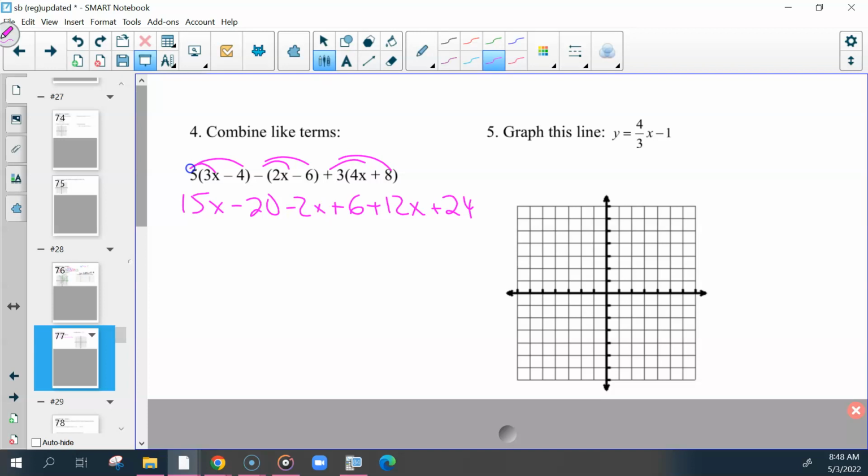And then combine all of your x's together. 15 minus 2 would be 13. 13 plus 12 is 25. And then negative 20 plus 6 would be negative 14. Plus 24 gives us... Questions on that one?